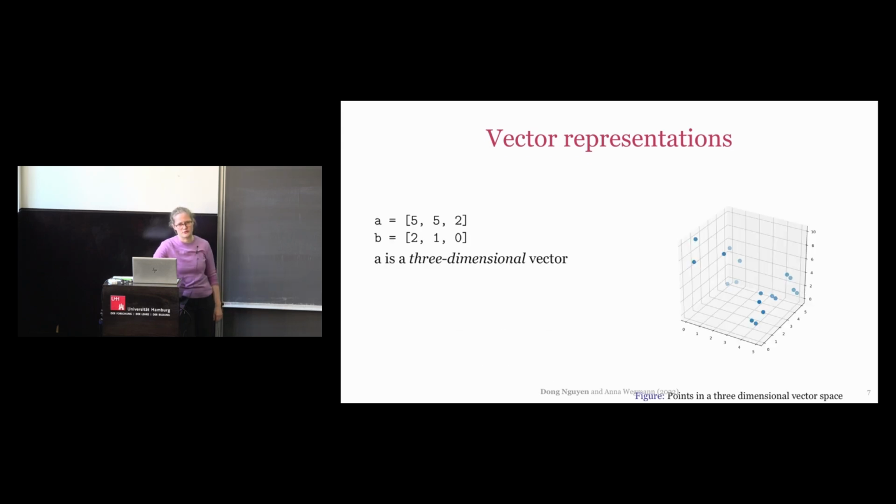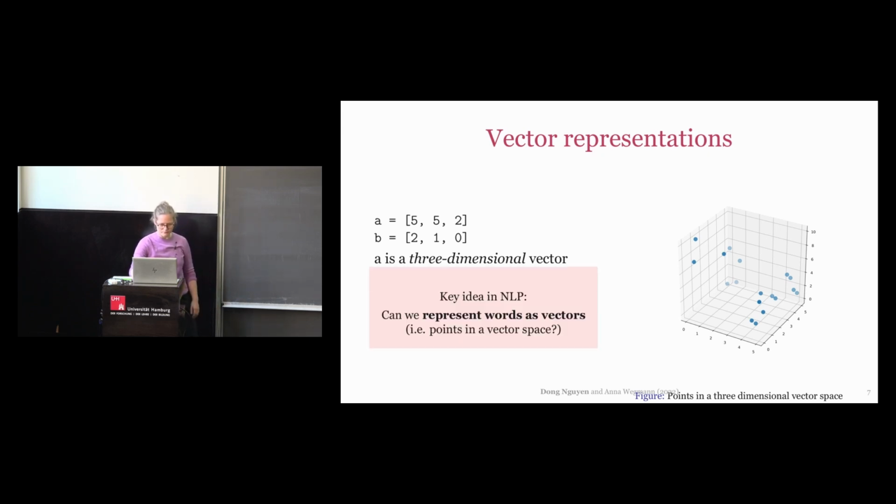Well, we could also make it 3, right? We add just another number that's one more point of information. So this is now a 3-dimensional vector, right? 3 dimensions, you probably have seen at some point as well. And that already is, let's say, the idea here in word representations.